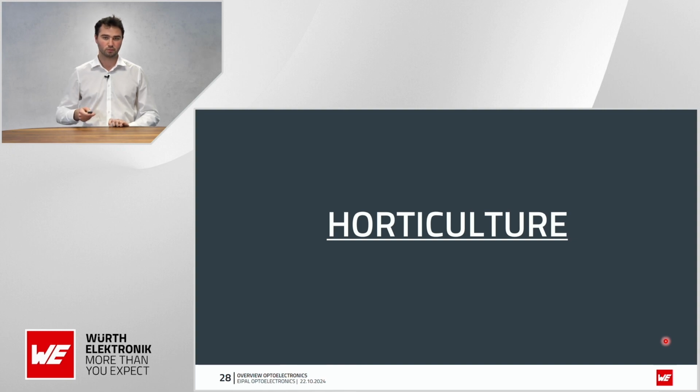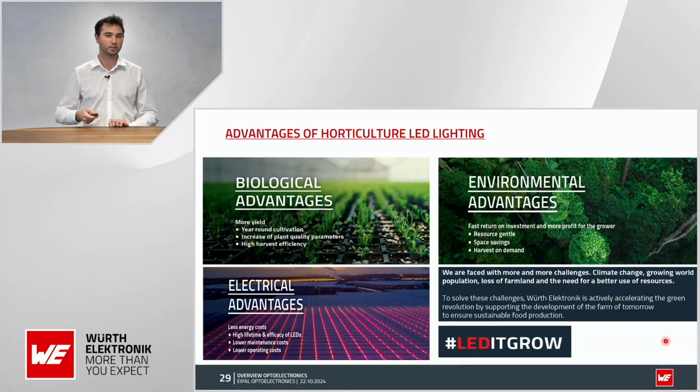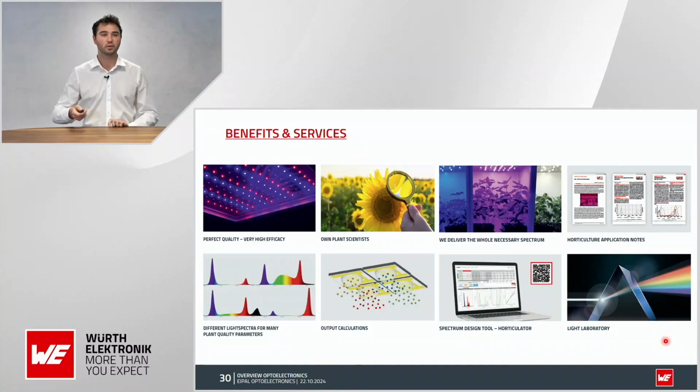Another big product group is the horticulture LED lighting. As I mentioned already, we can use light to grow plants, and for this we need only certain types of light or certain types of LEDs. Because plants absorb light, but they don't use all of the light.